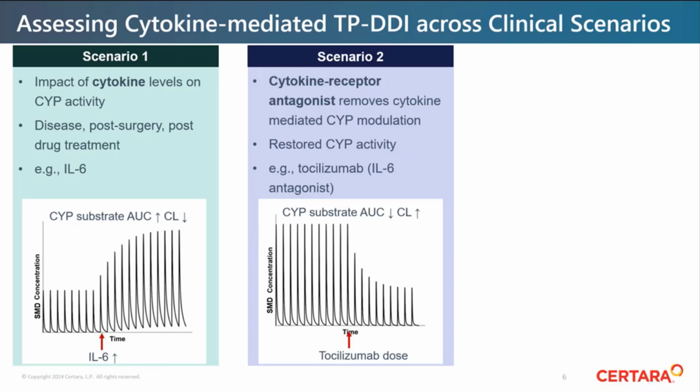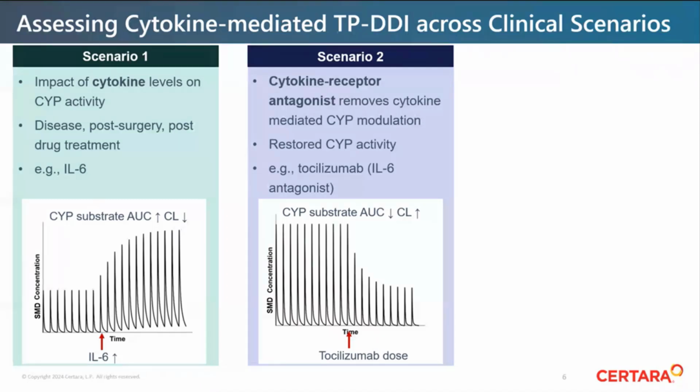So the TMDD screen is going to be used to model the interaction between the therapeutic protein and the cytokine receptor. And in this case, and also scenario 3, you will also need a TMI screen where you could define the endogenous cytokine receptor interaction.